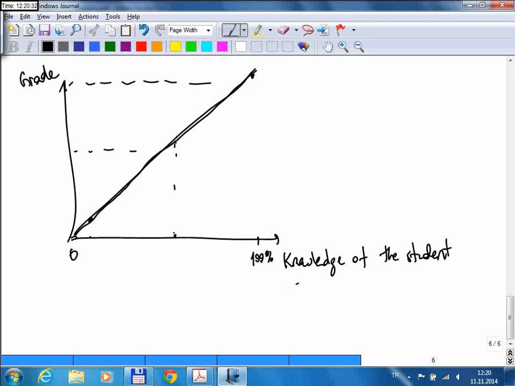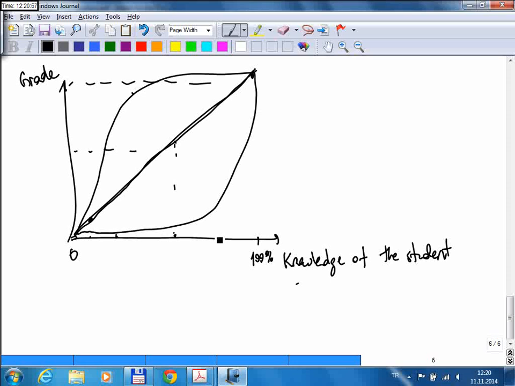If the questions are too easy, then it will be something like this, right? Somebody who knows very little will be able to get pretty good grades if all the questions are straightforward. Or if all the questions require creative thinking, then nobody will be able to do well except the best students. In that case, the distribution will be something like this.